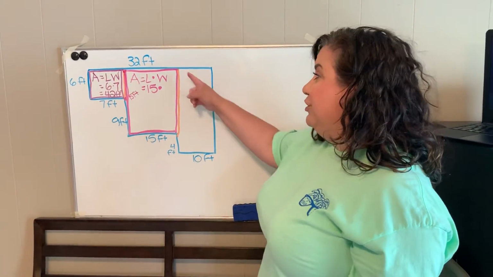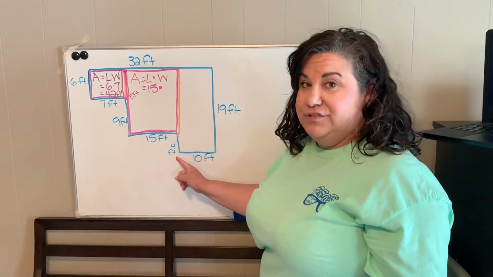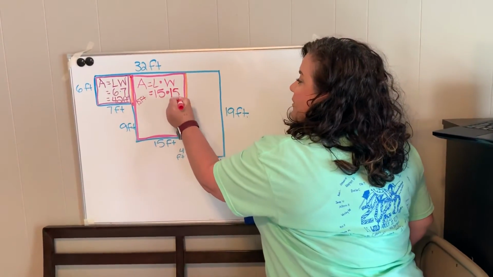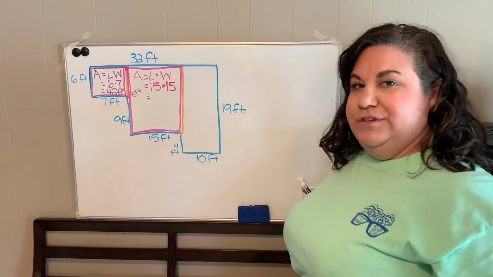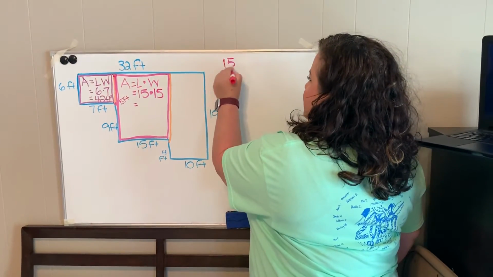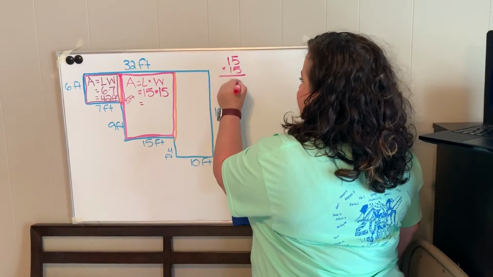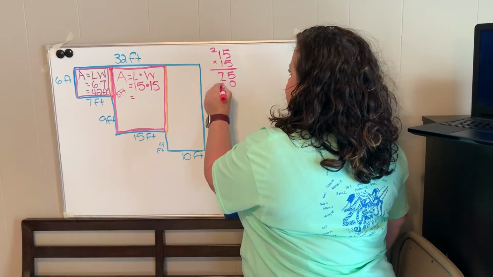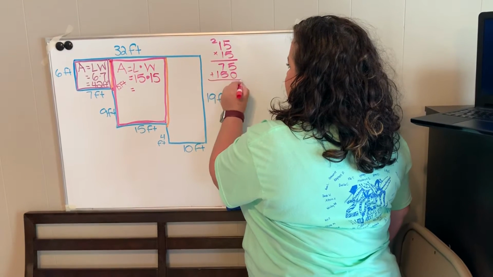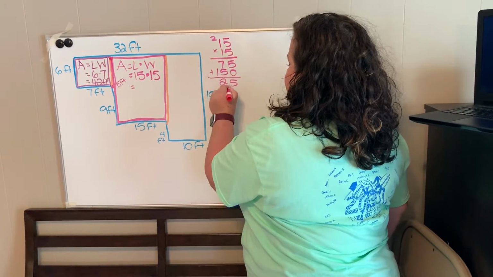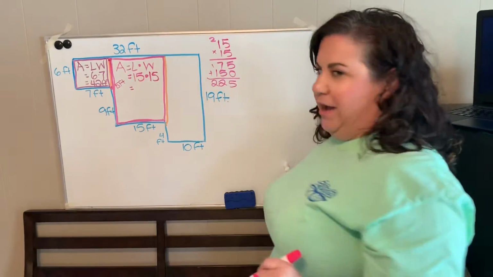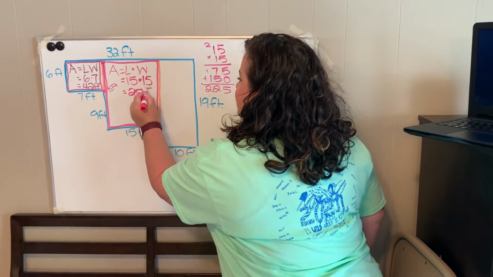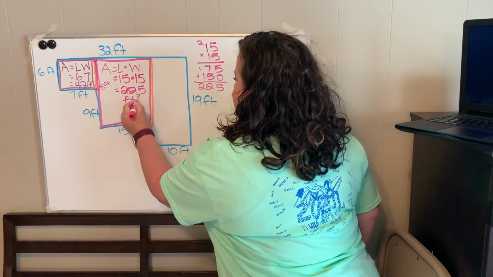So I could actually look at it as 19 minus 4, and I would still get 15. So I know that my area is going to be 15 times 15. So if you go to the side and you do 15 times 15, make sure you do your multiplication, and you get 225, okay? So the area of this rectangle is 225 feet squared.